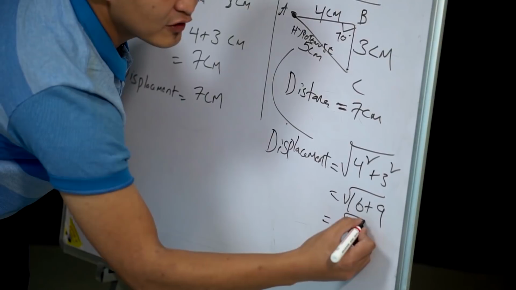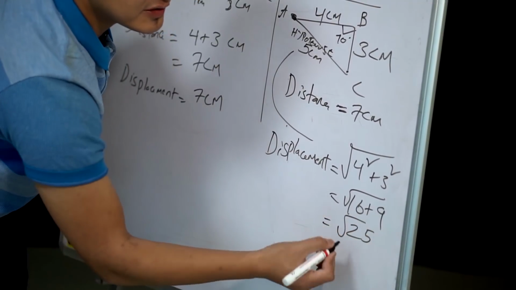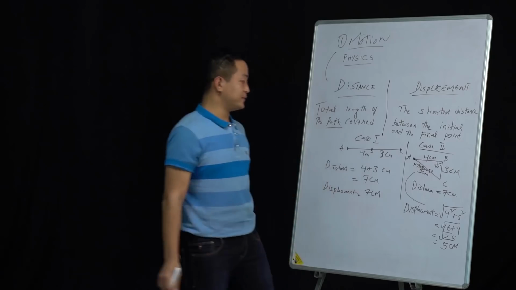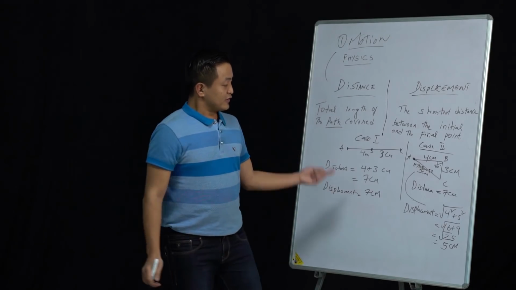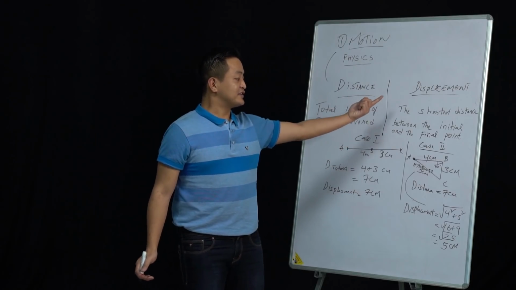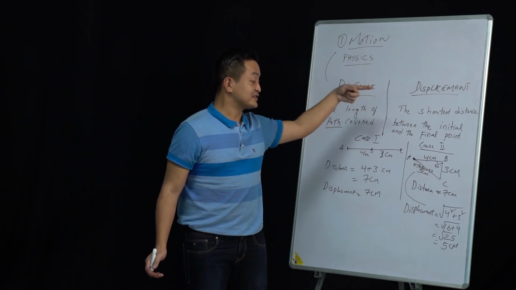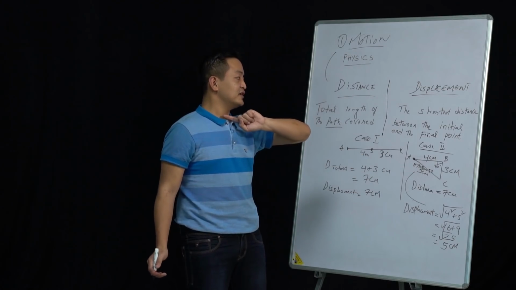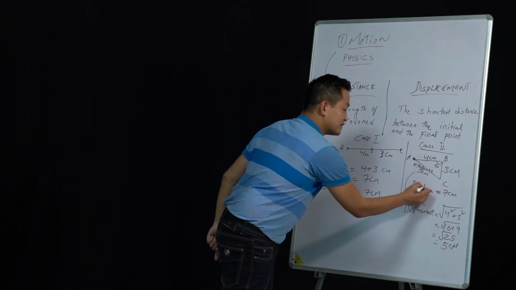That means we have 25, and the answer would be 5 centimeter. Clear? So see, if we apply displacement, the displacement is just 5 centimeter to reach your final destination.